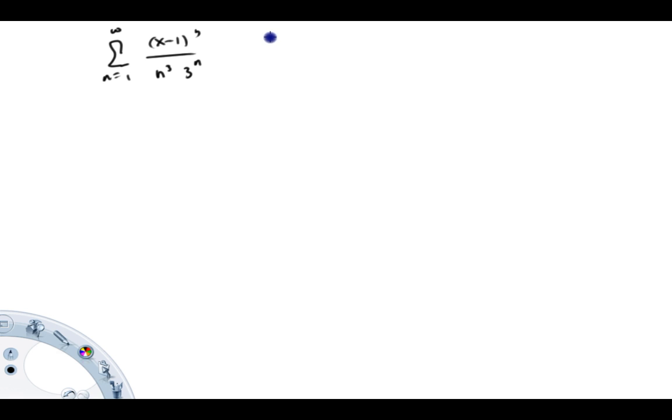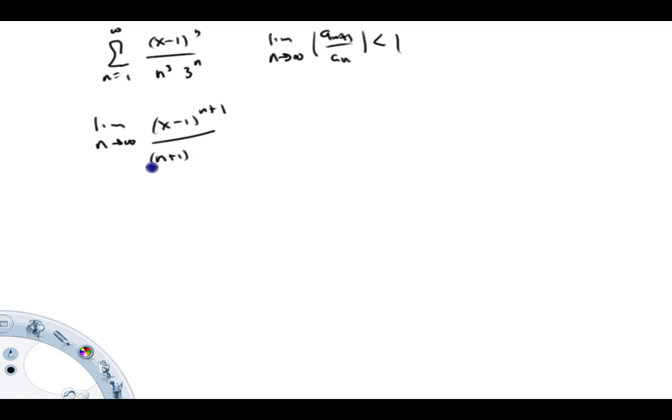So again, ratio test, you're looking at the limit as n goes to infinity of a sub n plus 1 over a sub n. And for this thing to converge, the absolute value of this ratio has to be less than 1. So what that means in this problem is the limit as n goes to infinity of (x minus 1) to the n plus 1 over (n plus 1) cubed times 3 to the n plus 1, divided by this.